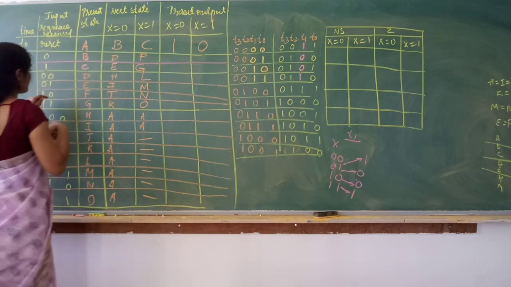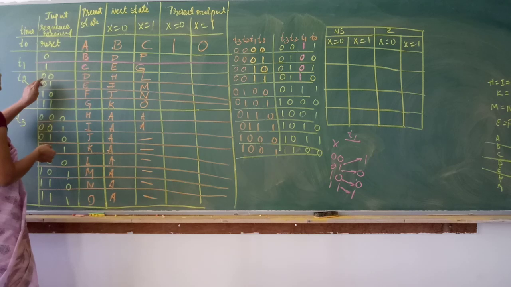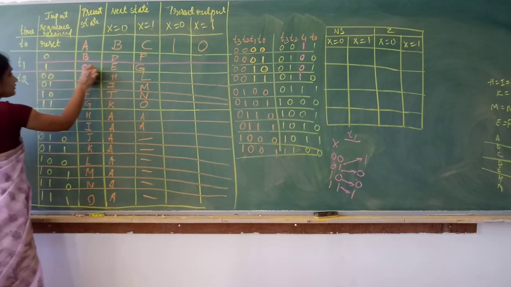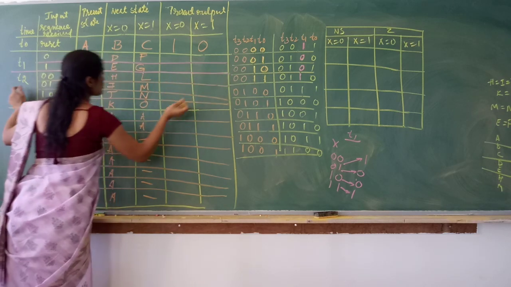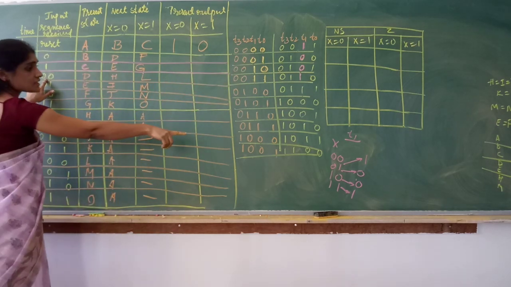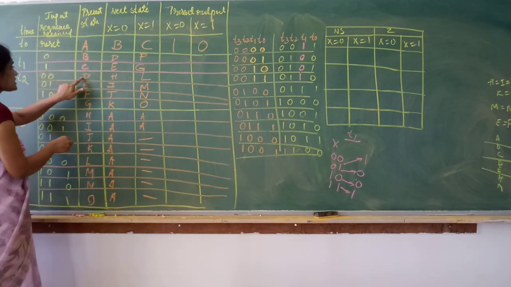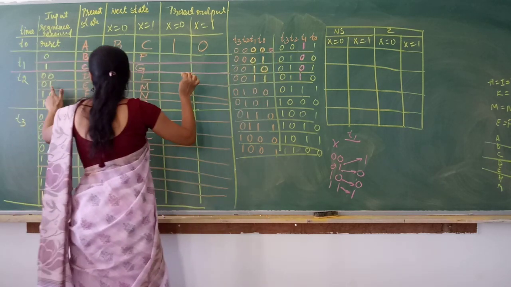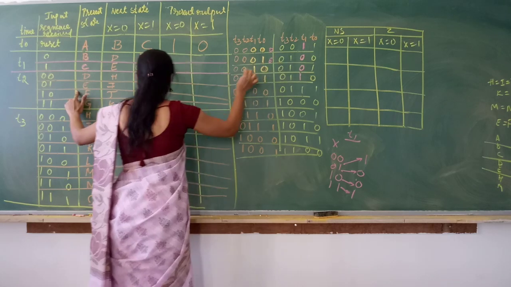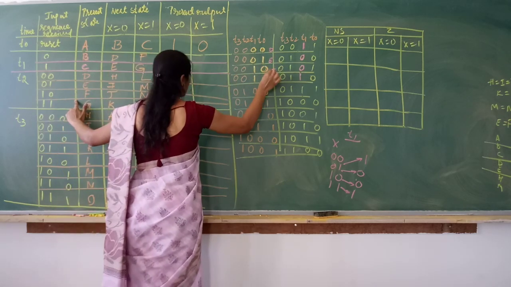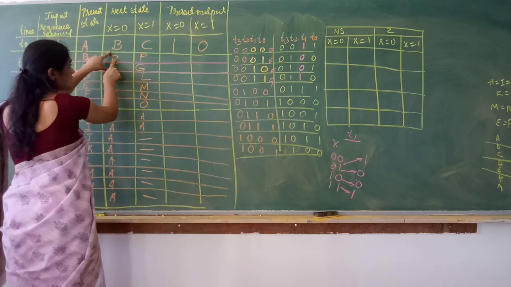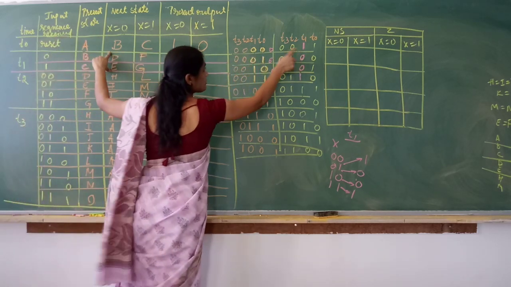So now, if the input is 0, 0, which state is it? Now I have to fill T1. Now you have to just concentrate on T1. If the input is 0, 0, what is that state? 0, 0 means state D. 0, 1 means state E. 1, 0, state F. 1, 1, G. So in these, if you have state D, what is the output? 1.